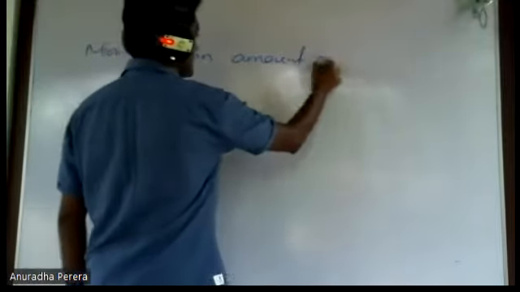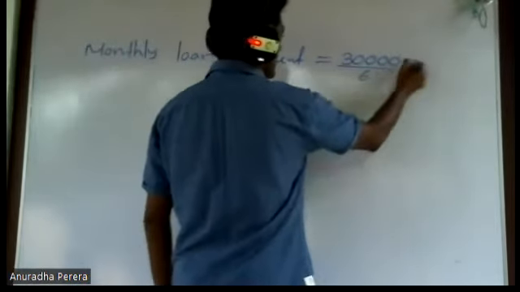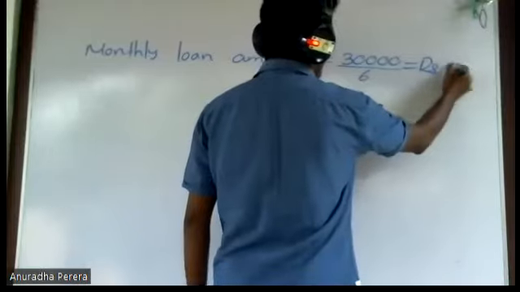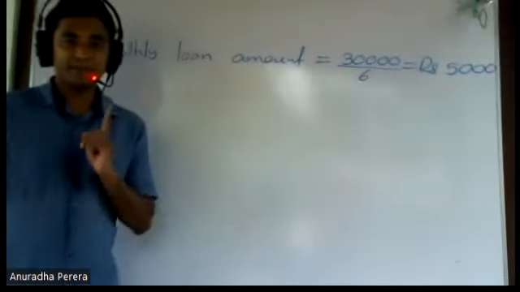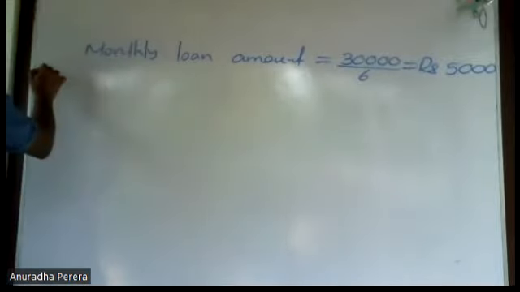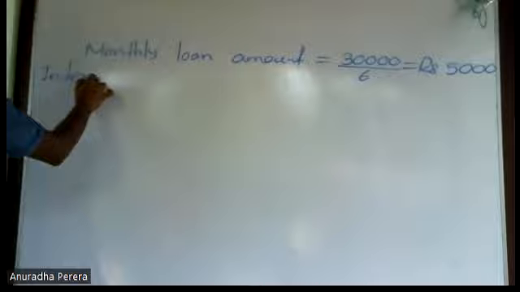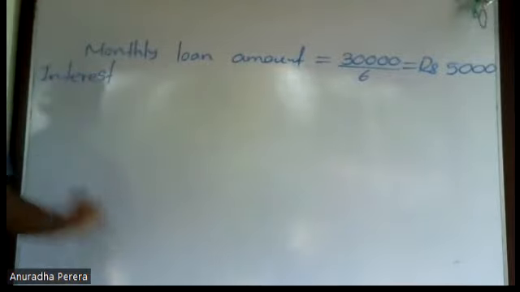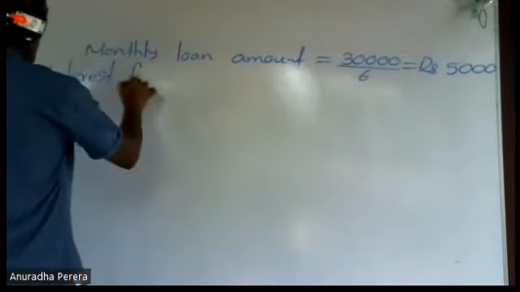30,000 divided by 6, 5,000 rupees. Now determine interest for monthly loan amount.